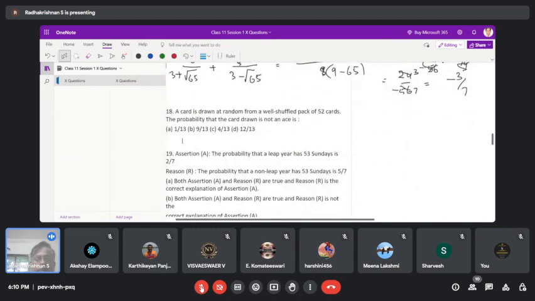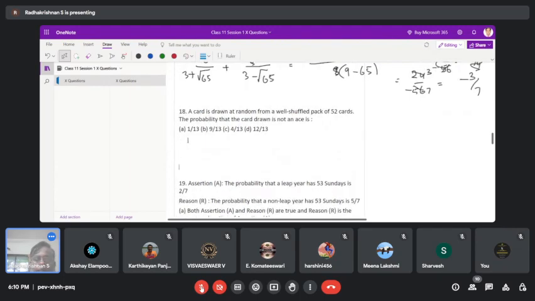Let's go to the next problem. A card is drawn at random from a well shuffled pack of 52 cards. The probability that the card drawn is not an ace. So what is the formula for probability?